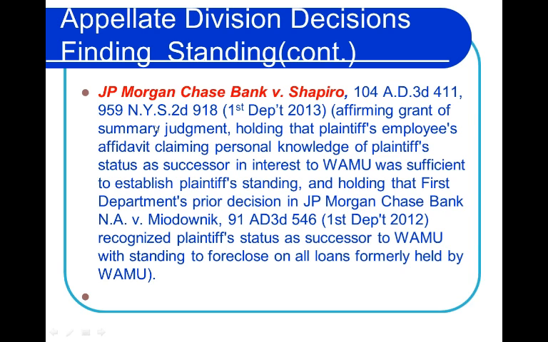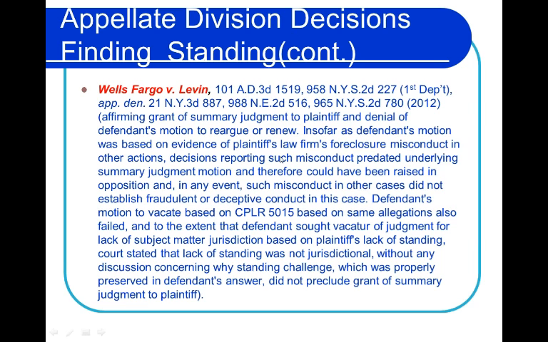So there are fewer options for challenge, although there still can be options for challenging whether, in fact, the entity had the loans in the first place before they were taken over by the successor entity.